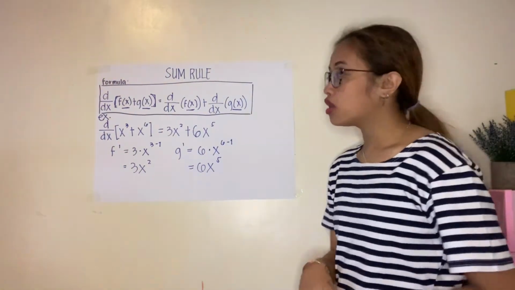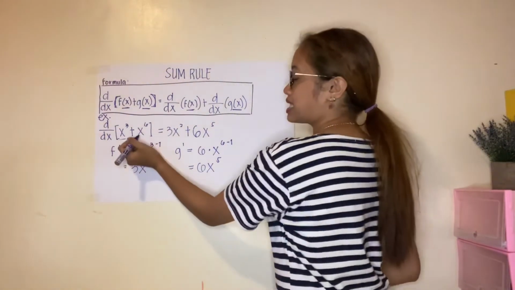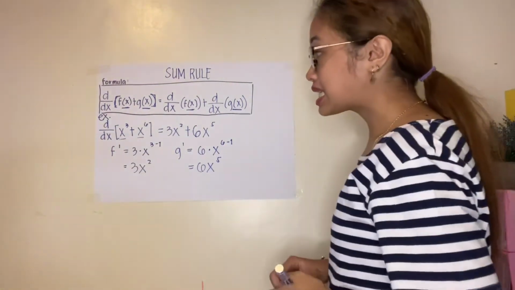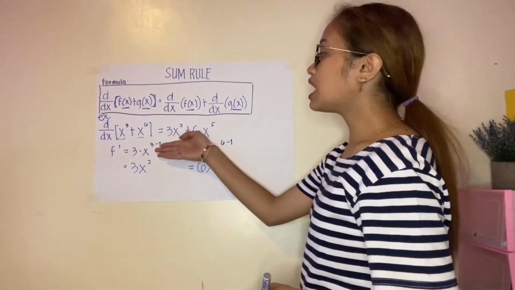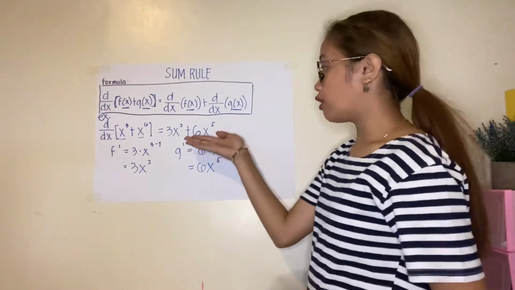An example would be the derivative of x cubed plus x raised to the power of 6 is equal to 3x squared plus 6x raised to the power of 5.